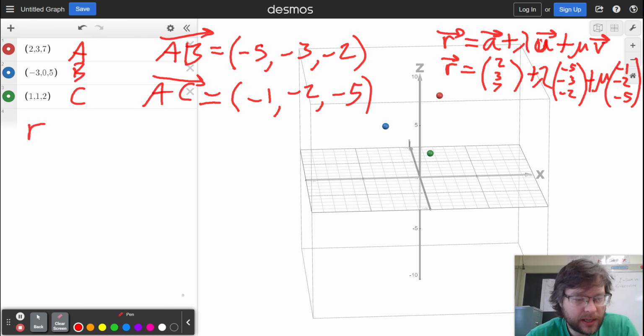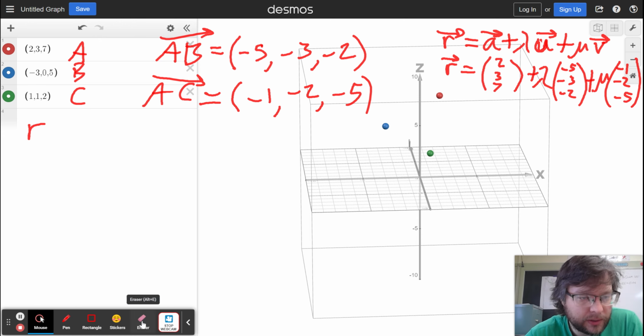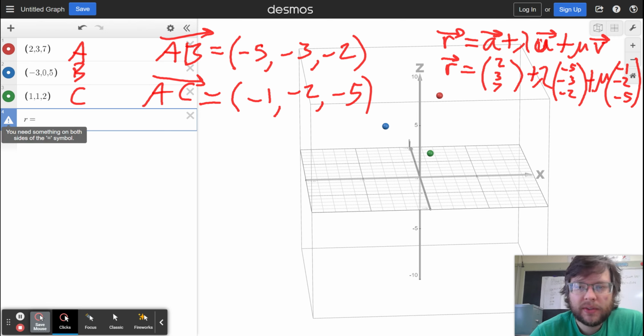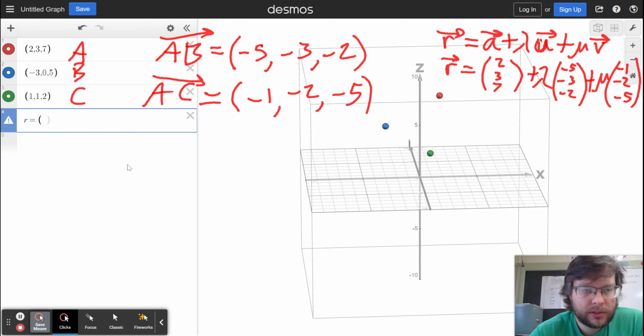Now let's see, I'm not super familiar with the format here. Let's see if I'm able to type that in. Let's see, what is it now in R? Let's see if I can do this. R equals 2, 3, 7 plus lambda.